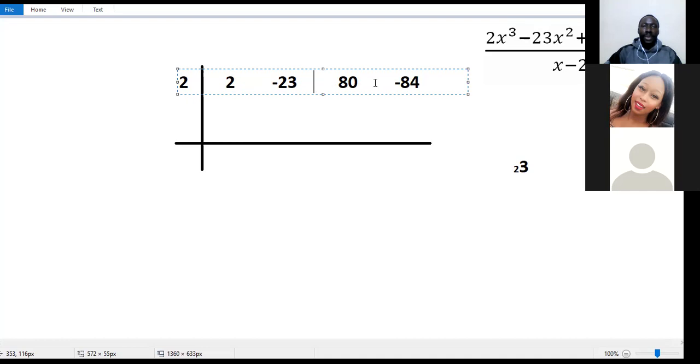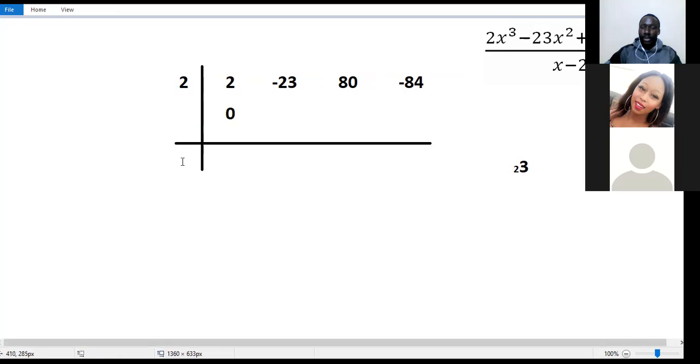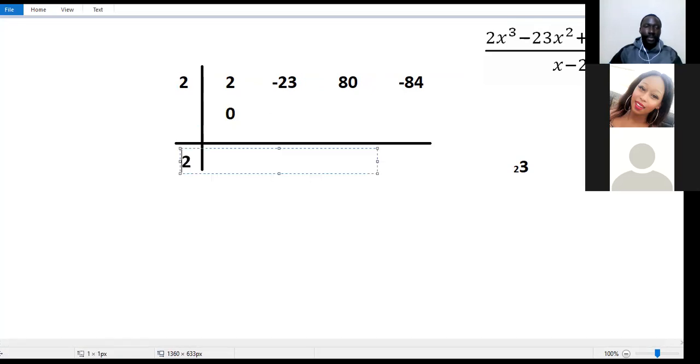Here we have 0 for the start, like that. Now, when we add 2 to 0, what do we get here? We get 2. So we write it right there.